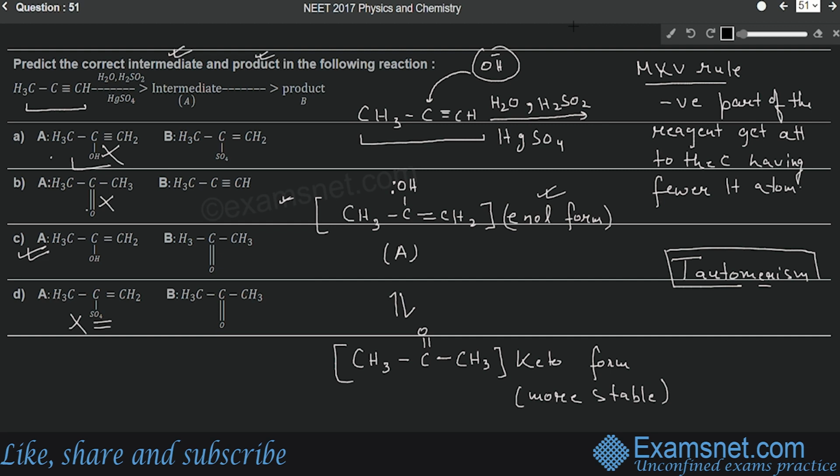And the enol form is considered as the intermediate. So this is the final product. So we can see that in the third option only the final product is a keto form. Okay, the intermediate is an enol form and the final is keto form. So option C will be the correct answer.